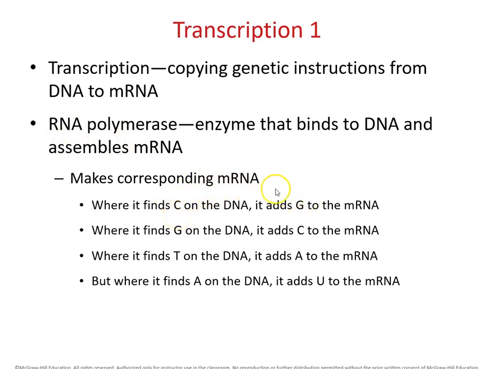C and G go together. Every time the RNA polymerase finds a G, a C gets added to the mRNA. Whenever we find a T, the RNA polymerase adds an A, and then this is the one that's a little bit different. We don't have T's in mRNA, so when we find an A, we add a U or a uracil instead. So our mRNA is made up of C's and G's, A's and U's.